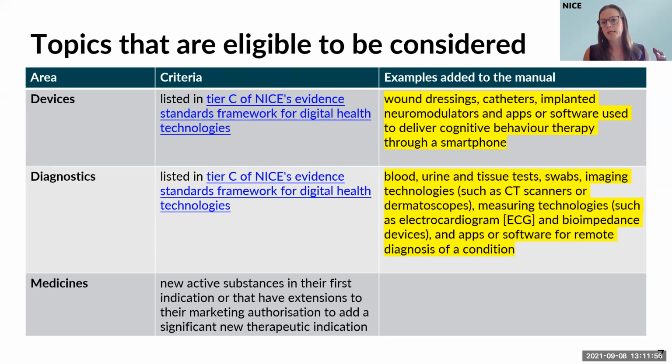So examples of these will become clearer when we explain our decision making on the NICE website as we work through these. But as a general rule, a license extension that is not considered significant may be covered by a commissioning policy that's available. For example, the Medicines for Children policy, whereby a paediatric license extension comes into play.